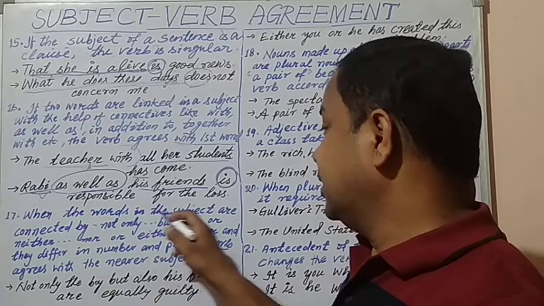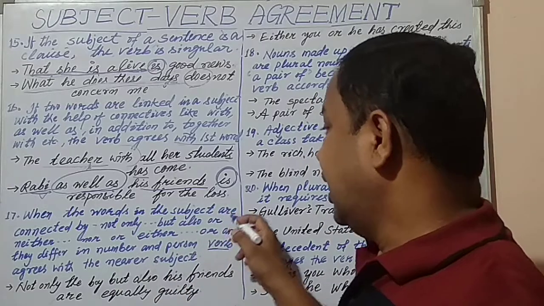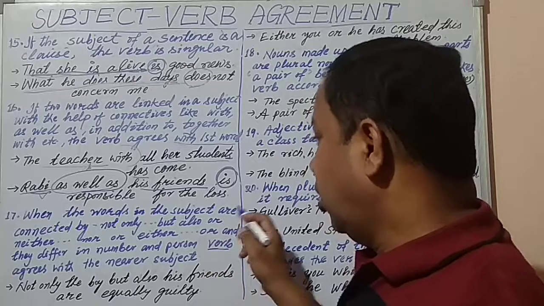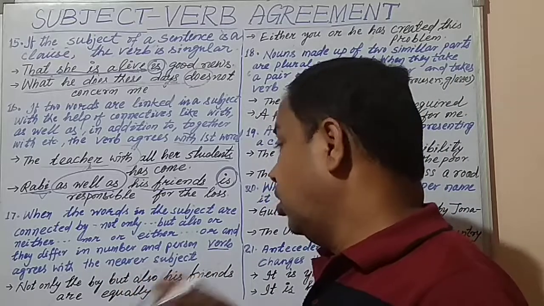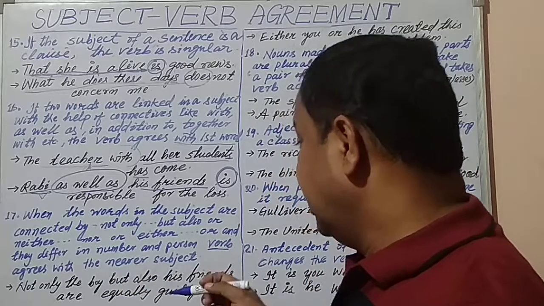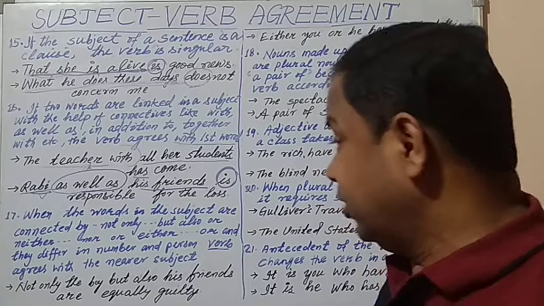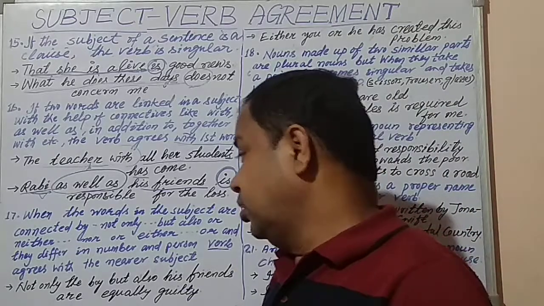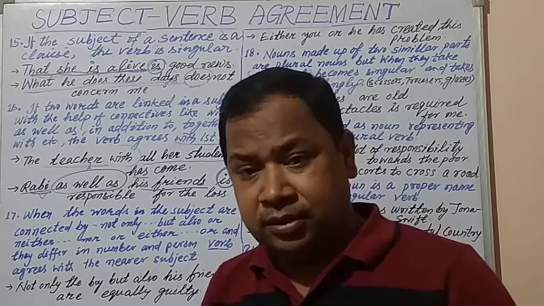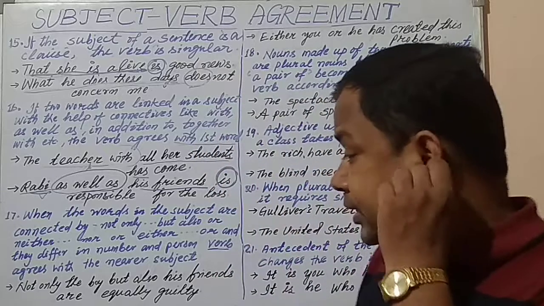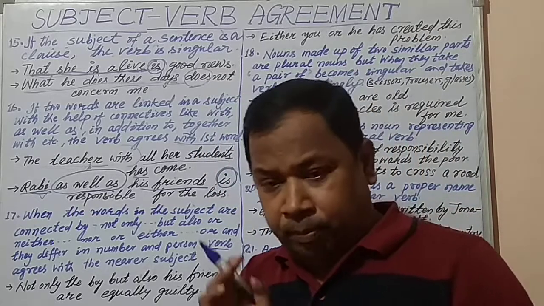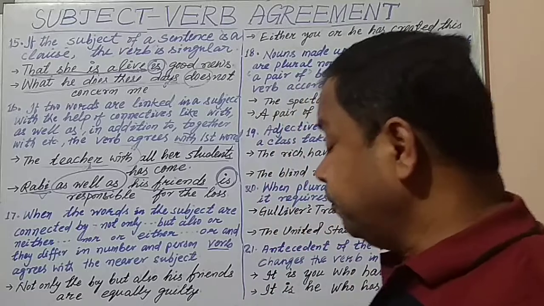Okay, next move to the 17 point, that means principle number 17. When the words in the subject are connected by not only but also, or neither nor, or either or, and they differ in number and person, the verb agrees with the nearer subject. You see the example. If you observe the example, you will understand better.